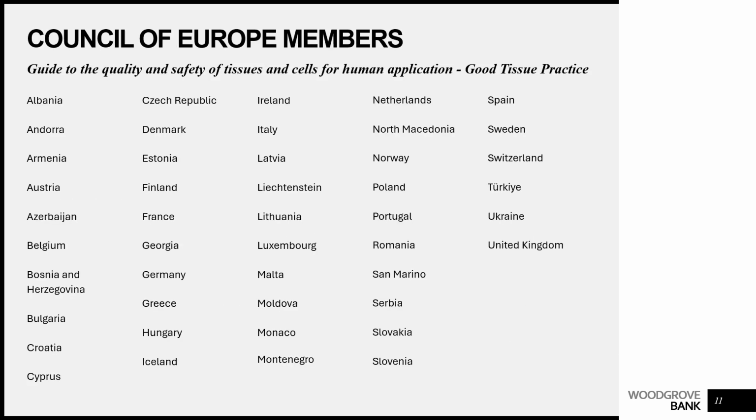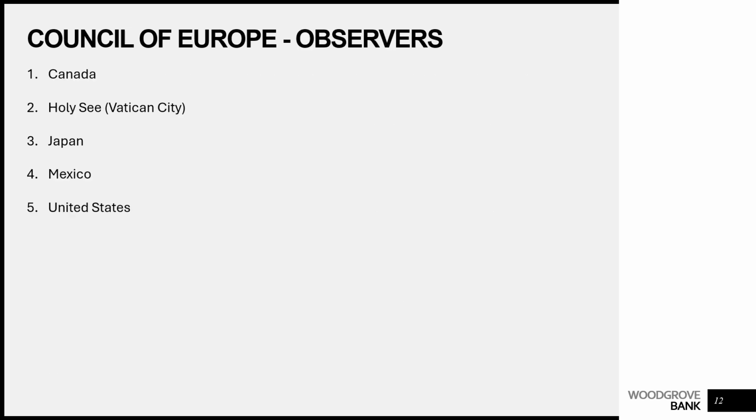So here's a list of all of the 46 member states of the Council of Europe, and these are the countries that the guide to quality and safety of tissues and cells for human application, the good tissue practice, is applicable to. There are also observers, and that includes Canada, Japan, Mexico, United States, and the Vatican City, it would seem.